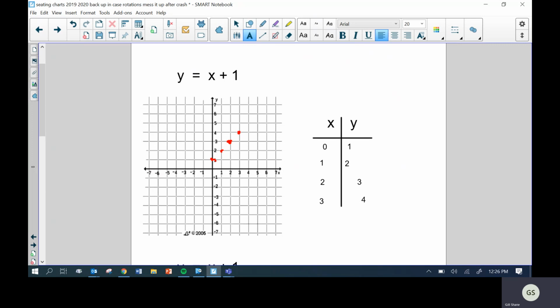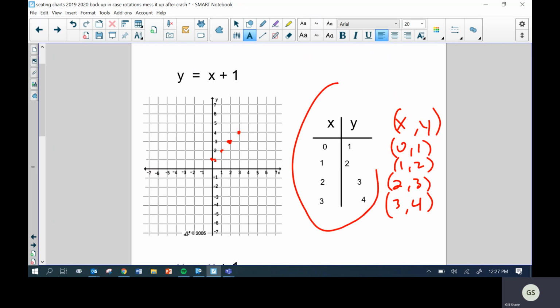So those are not the best circles in the world, but I think you get the idea. That's where all of these points go. So it was x, y, and then 0, 1, 1, 2, 2, 3, 3, 4. I just took all the values from the table, I put them in the format of coordinates, and then I plotted those on the graph.